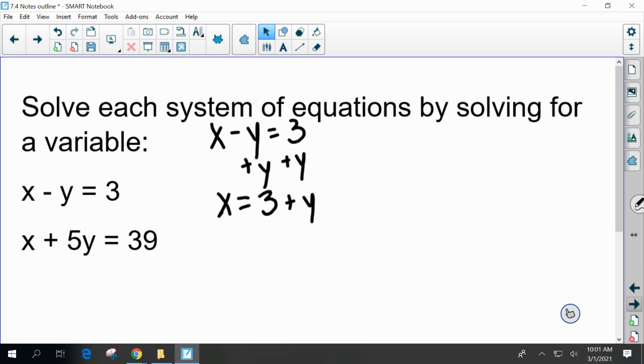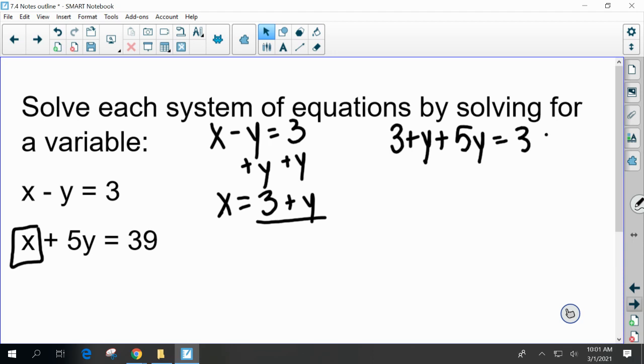Now I'm going to take this and plug it in for x into the equation I didn't work with yet, the bottom equation. I'm going to substitute 3 plus y right here for x. So that would give me 3 plus y plus 5y equals 39.